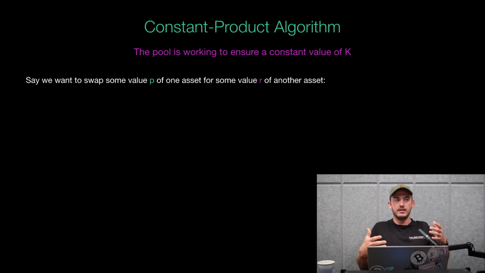I'm going to offer to pay USDC and receive something else, right? So USDC in this case would be the pay asset, which I'm dubbing P here. And then whatever I'm requesting in return is going to be R, the receive asset, right? So pay, receive. So if you see P and R, that's why. So I want to come pay this asset and I want to receive another asset in return.